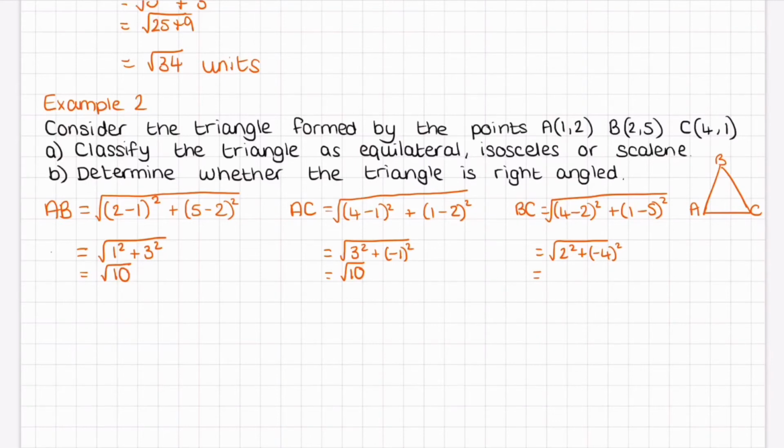So this will give us 4 plus 16, because negative 4 squared is 16, which will mean we get the square root of 20. So as we have two sides the same and one different, the triangle is isosceles. So we just need to write something to that effect. So since AB equals AC, the triangle is isosceles.